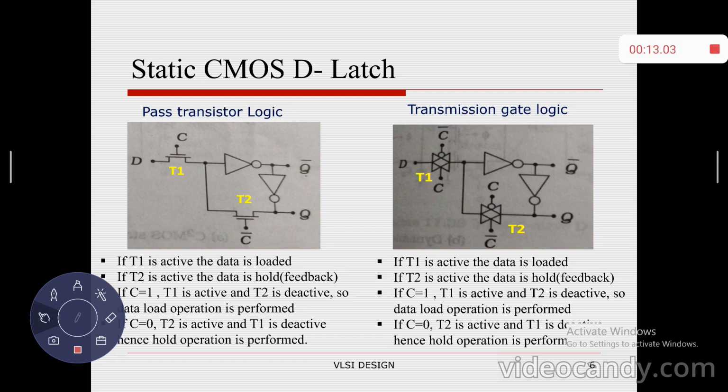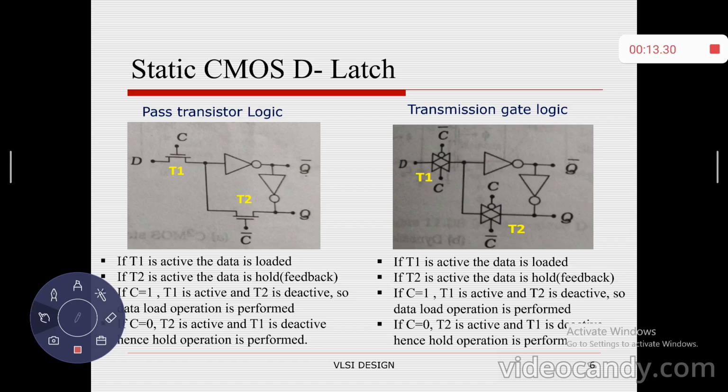The D latch works in two modes, loading mode or holding mode, based on the transistors T1 and T2. T1 is under the control of control signal C, and T2 is under the control of C bar. If C equals 1, T1 becomes an on connection and T2 becomes an off connection.